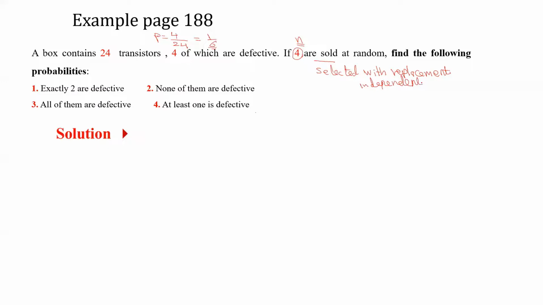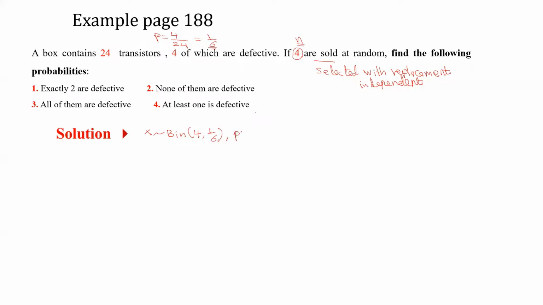So now this is a binomial distribution and can be written as X distributed binomial with two parameters, n and p, where n equals 4 and p equals 1/6.